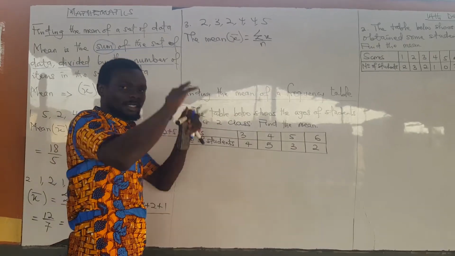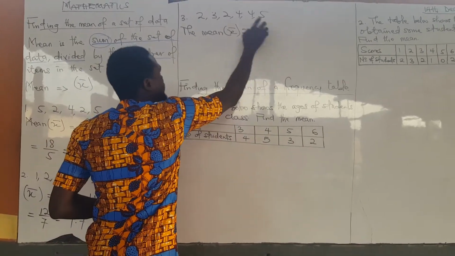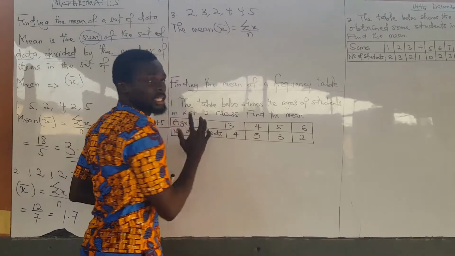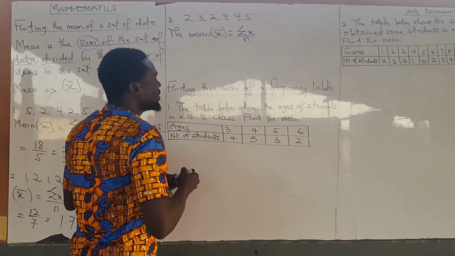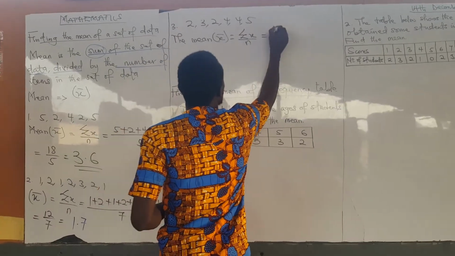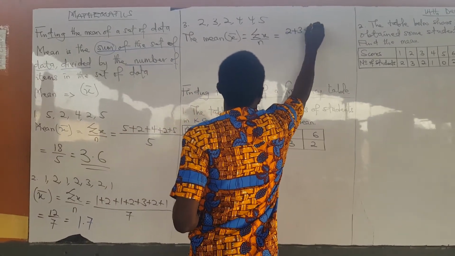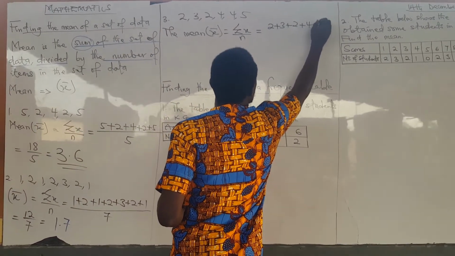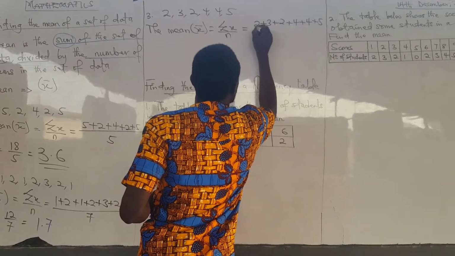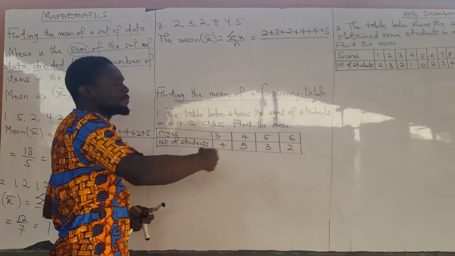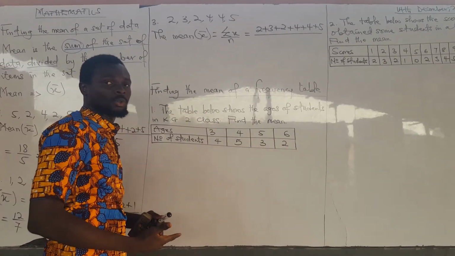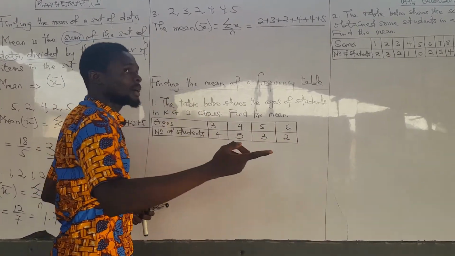And sigma is sum. X represents each of the values here. So the sum of x is equal to 2 plus 3 plus 2 plus 4 plus 4 plus 5 all over n. N refers to the number of items.